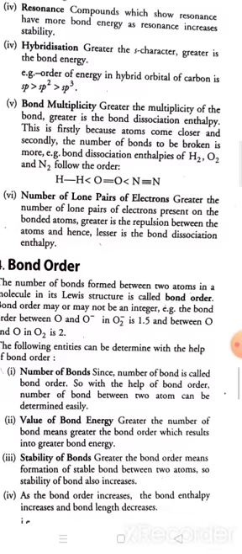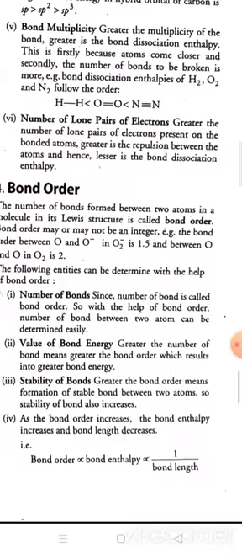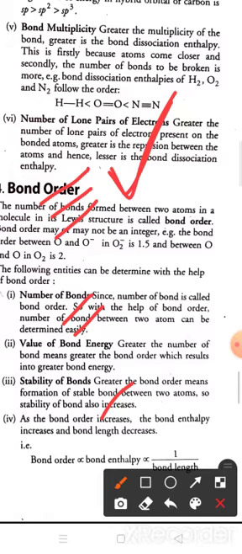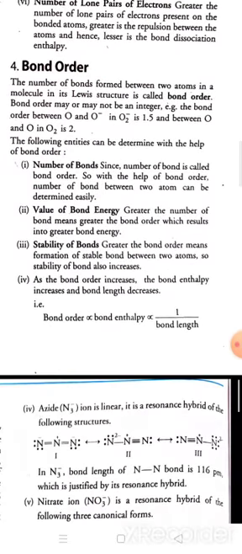That's why sp has the most bond energy. Bond multiplicity means triple bond, double bond and single bond. Triple bond compounds have more bond enthalpy because, due to the multiple bonds, the strength of the bond becomes greater.